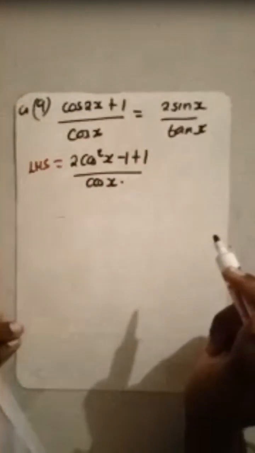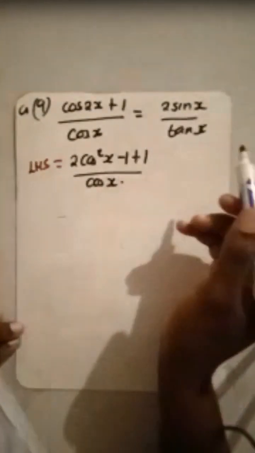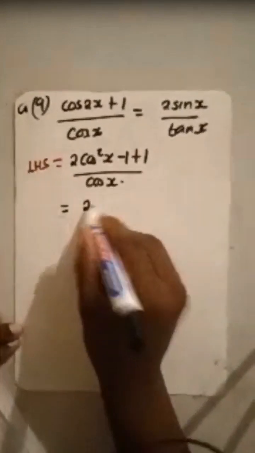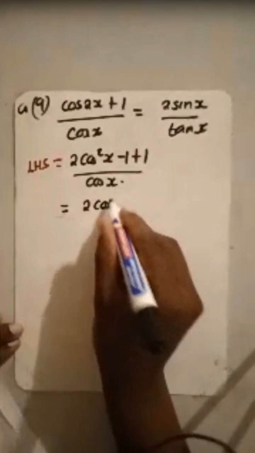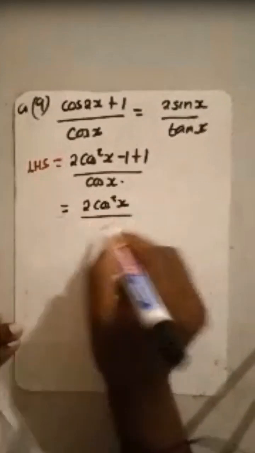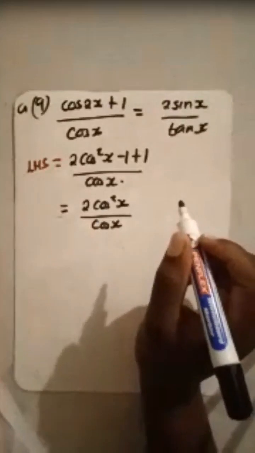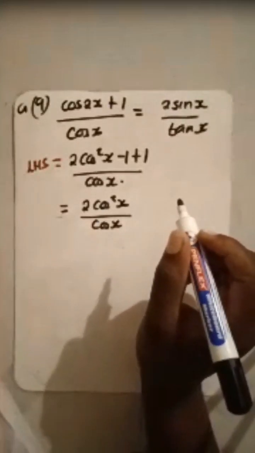That is simple for me, right? Then negative 1 plus 1, that is going to go. I'm going to be left with 2 cos squared x over cos x, right? Okay, that is that.